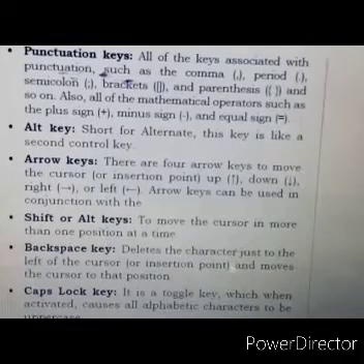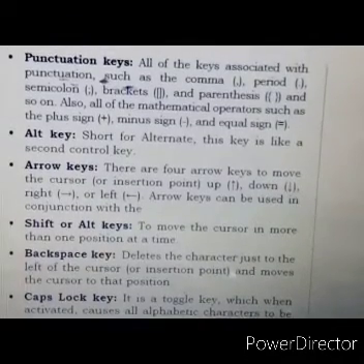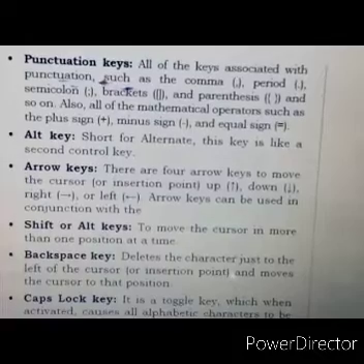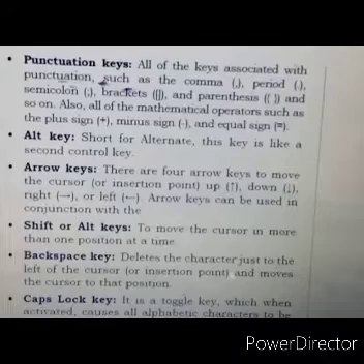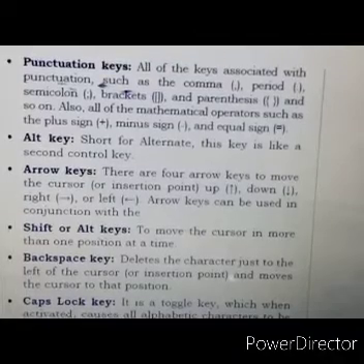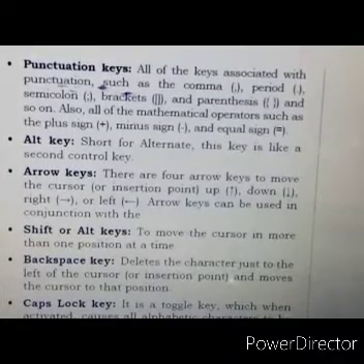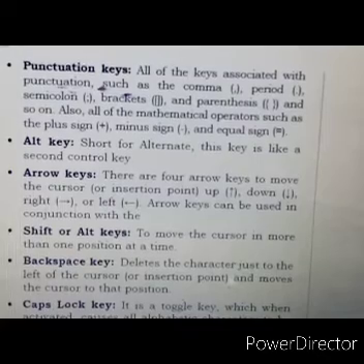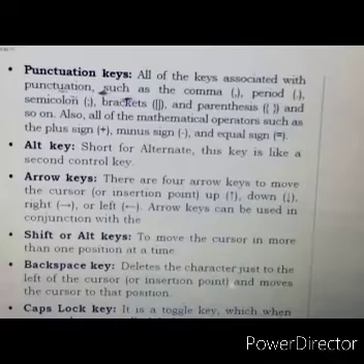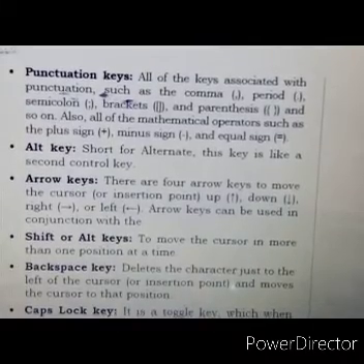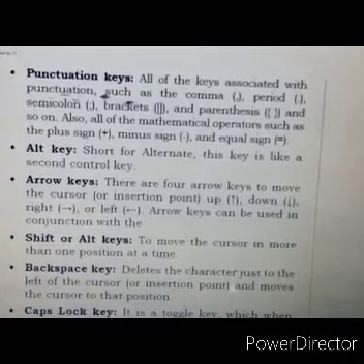Then we are having the Alt key, that is known as the alternate key, which is the second control key. Next we are having arrow keys to move our pointer from one place to another on the screen. And next we are having the Shift or Alt key to move the cursor in more than one position at a time. Next we are having the Backspace key. What is the use of the Backspace key?